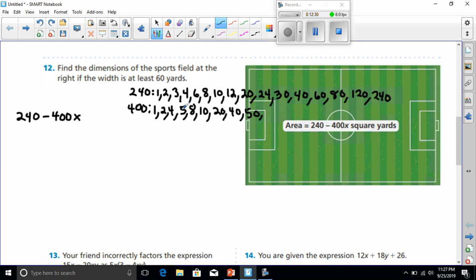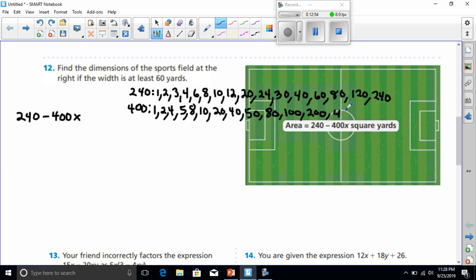Let's see, then 5 times 80. Let's see, 4 times 100. 2 times 200. And 1 times 400, of course.